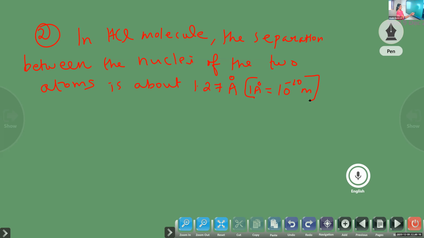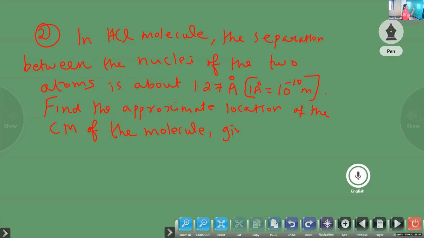Find the approximate location. We told in a small molecule we cannot have exact center of mass, so we can only say find the approximate location of the CM. CM is center of mass. CM of the molecule.